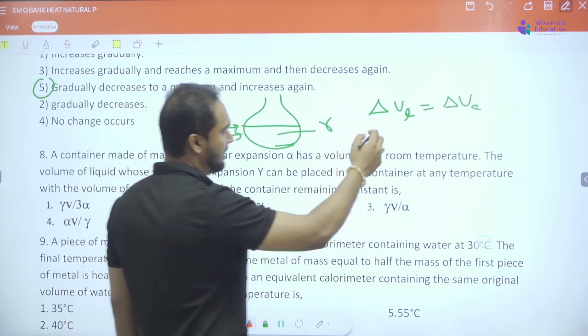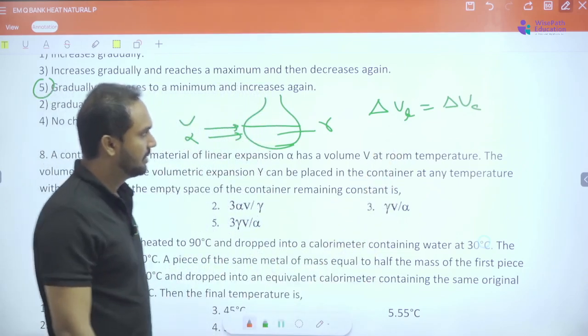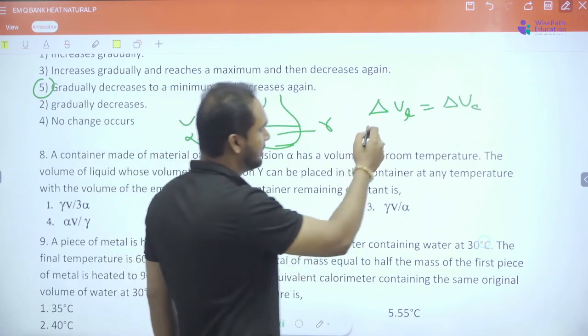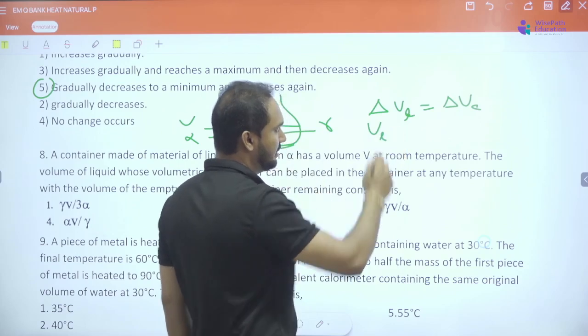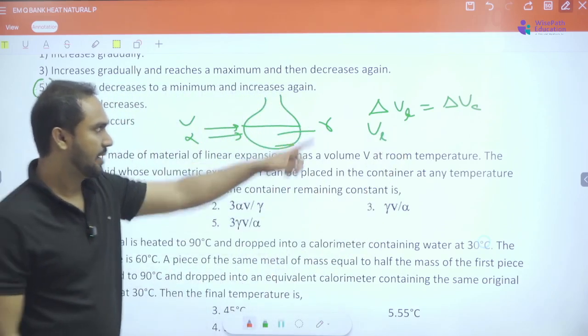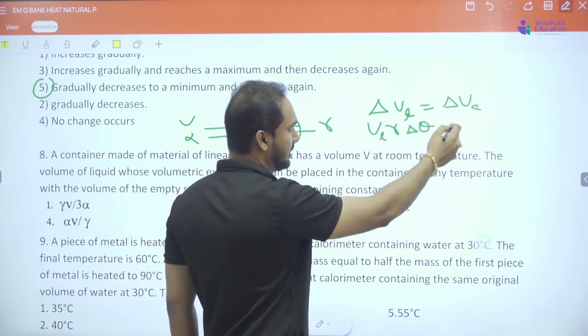It is VL gamma delta T, taking the initial volume of the liquid as VL, which we don't know, and the volume expansion is gamma, as given. Take the temperature change as delta T.